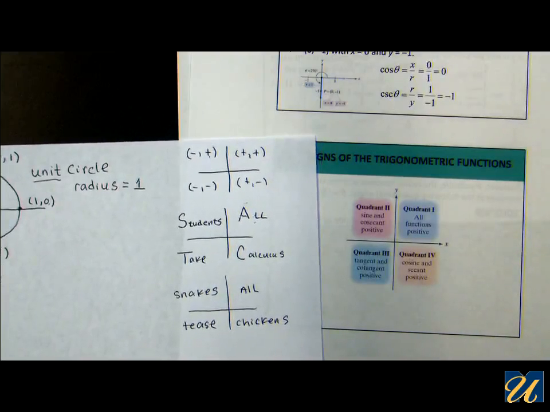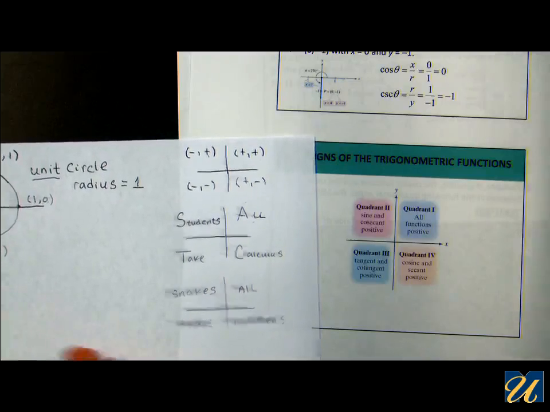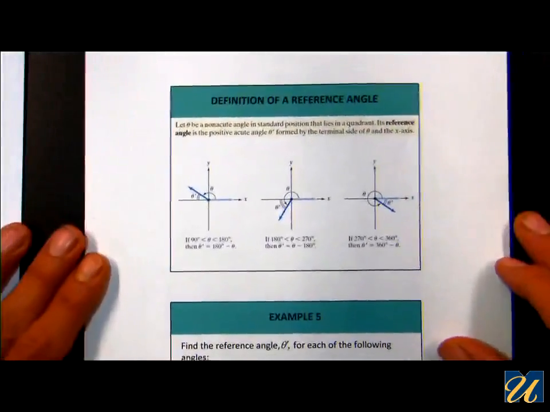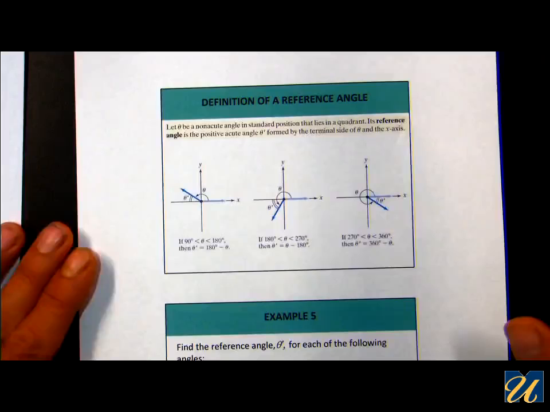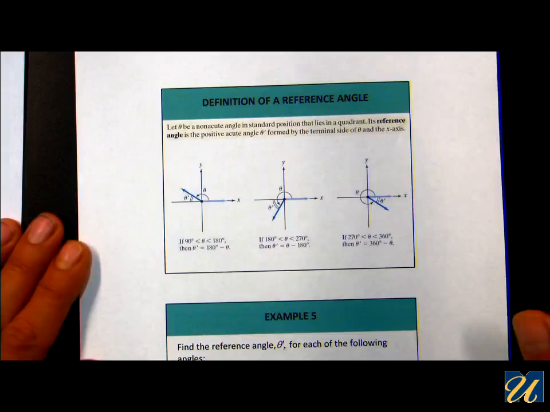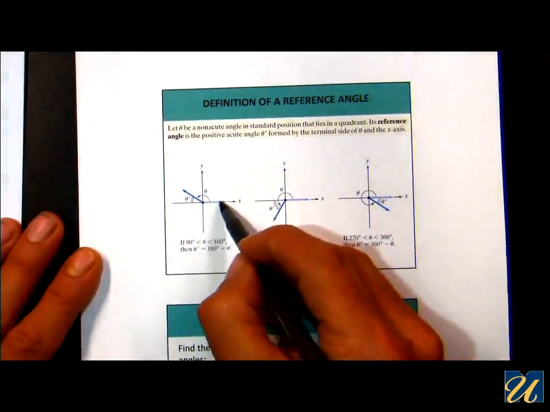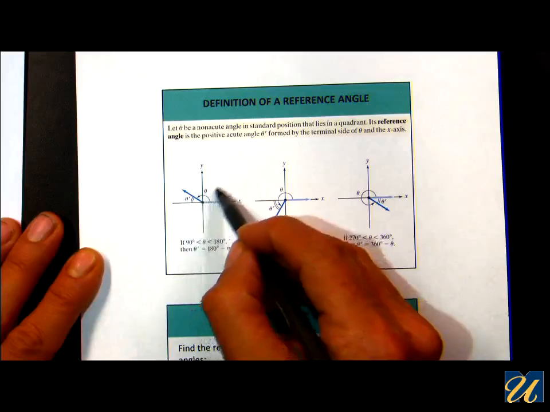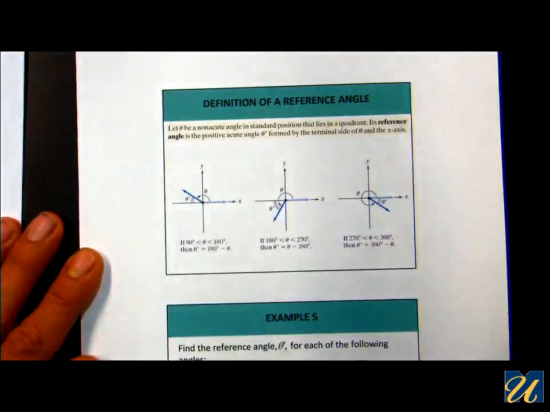Okay, let's take a look at reference angles and how they are defined and how we use them. Definition of a reference angle. There are 4 quadrants. In the first quadrant, if you rotate in the first quadrant, then that angle theta that makes that rotation is its own reference angle.